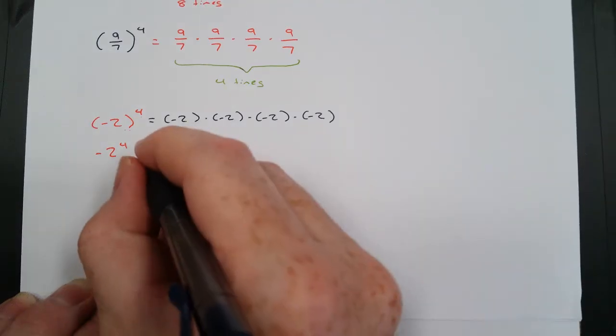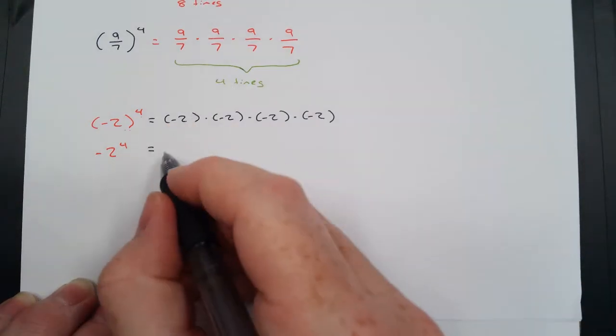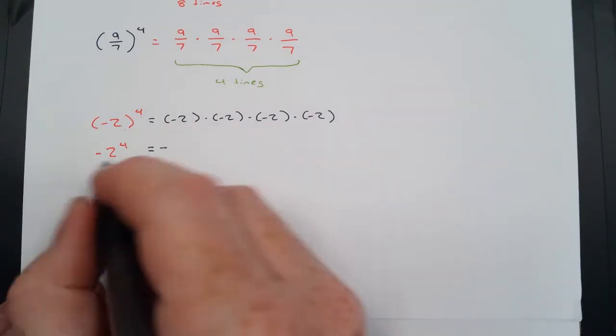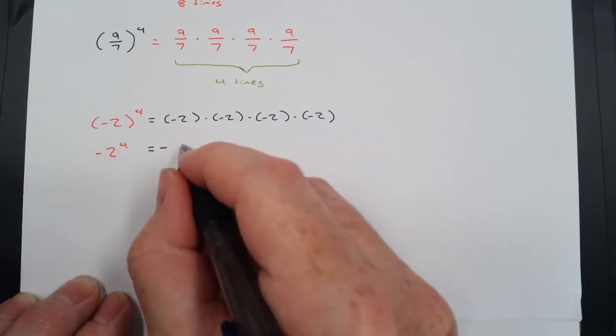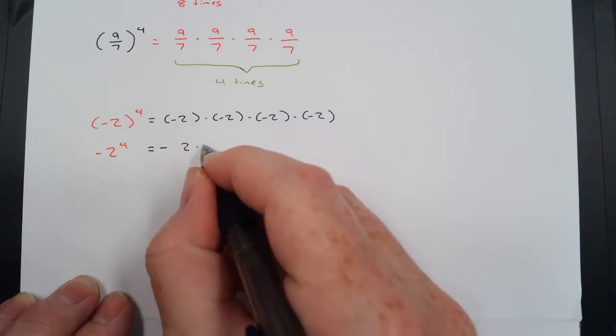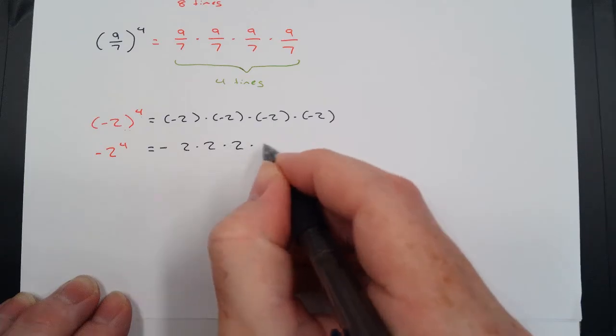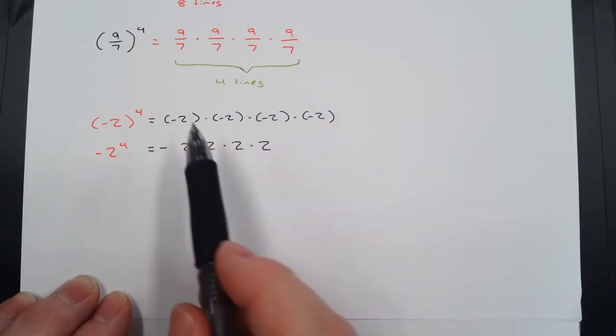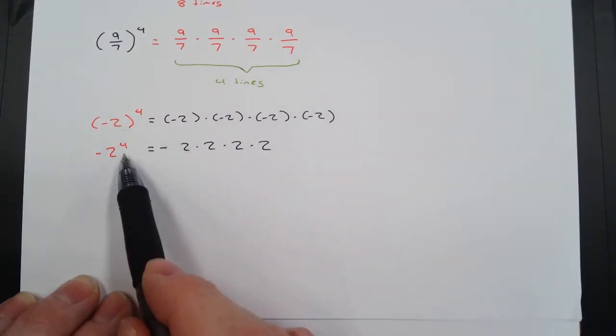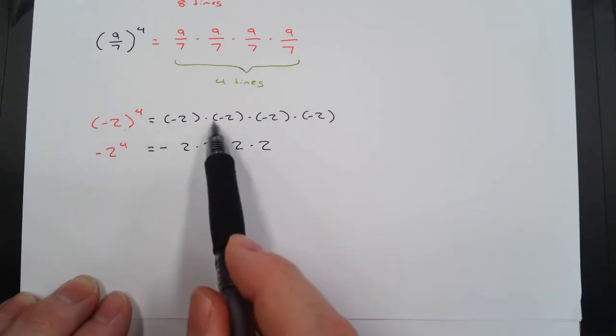This one will be negative, because it's not in parentheses, 2 times 2 times 2 times 2. Both of them happen 4 times because of the base, but if you look at this, the negative is here.